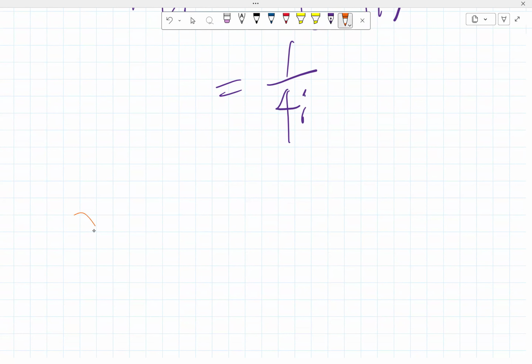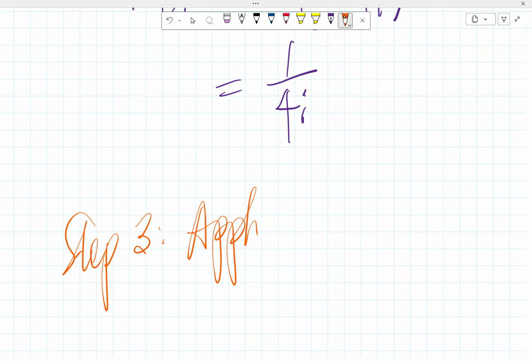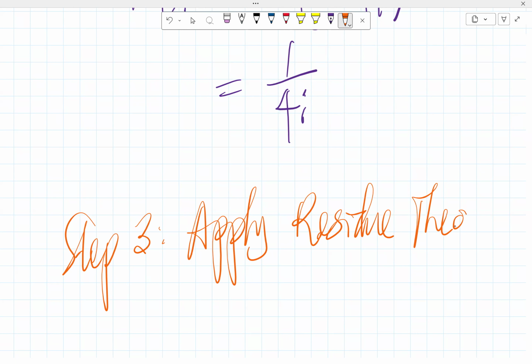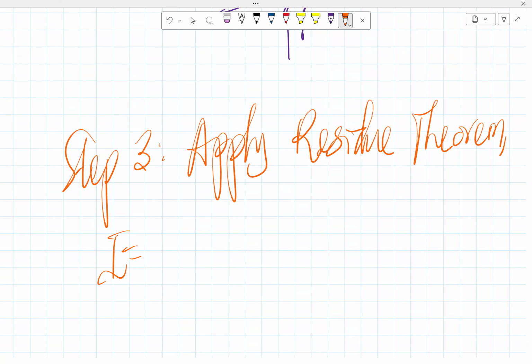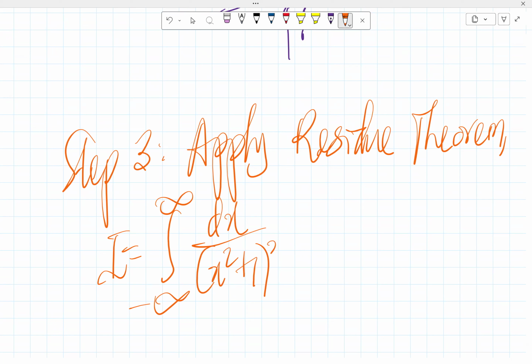Step 3 now, we apply the residue theorem. So to apply the residue theorem, what's the original expression again? Yeah, the integral from minus infinity to infinity of dx over (x squared plus 1) raised to power 2 is equal to 2 pi i times the sum of the residues.